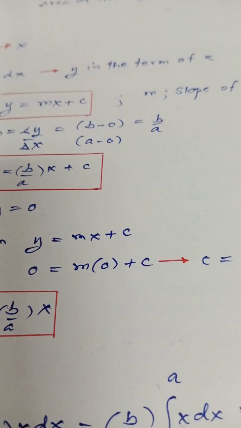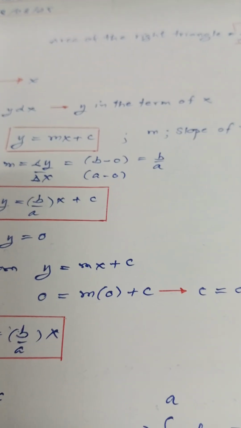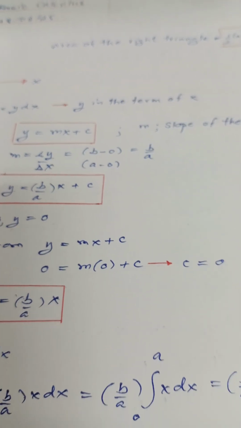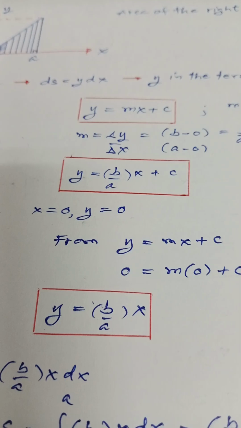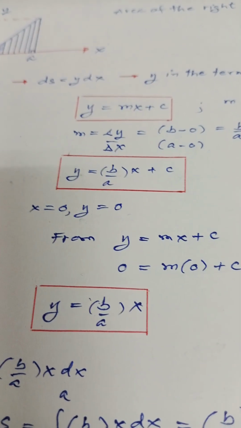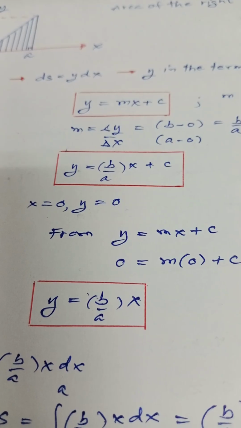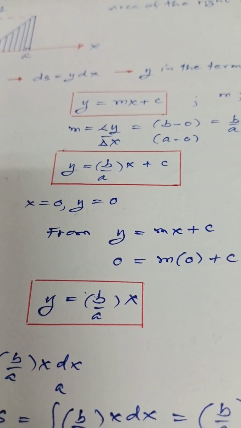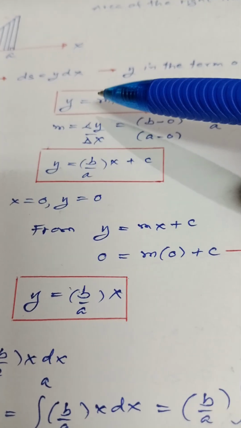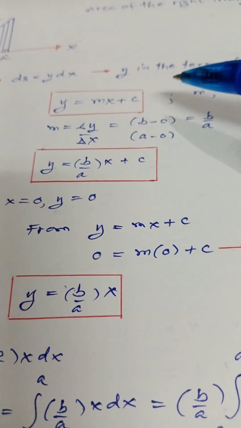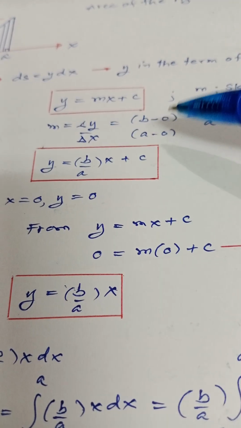Next, you need to write y in terms of x because you're going to integrate with respect to x. For the linear case, you have a linear equation y equal to mx plus c, right? Where m is the slope, which is equal to delta y divided by delta x.